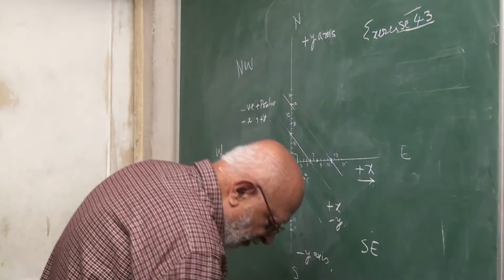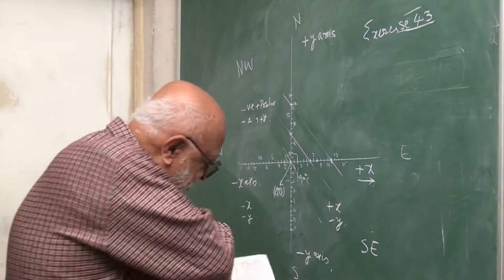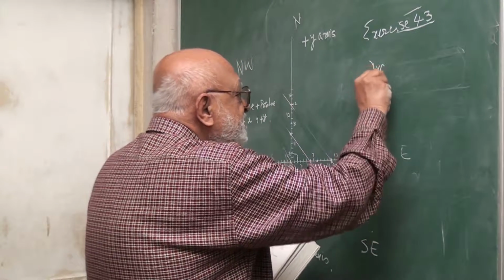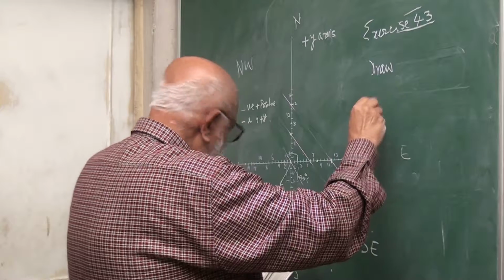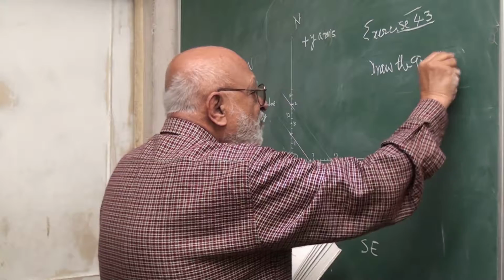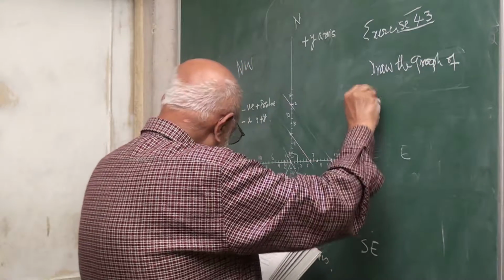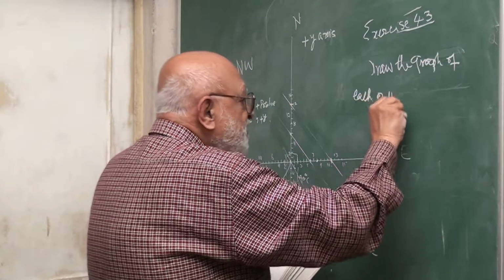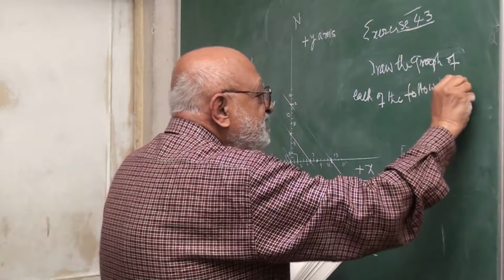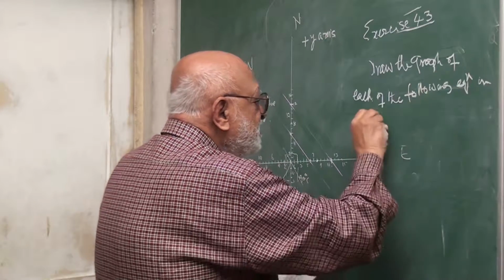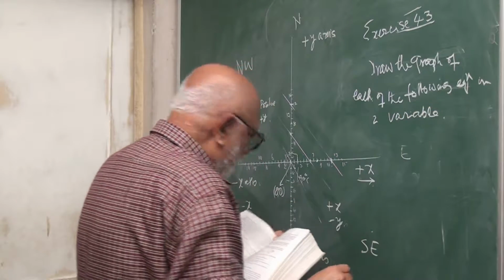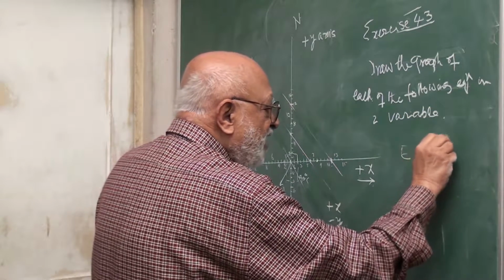What is the question? Draw the graph of each of the following equations in 2 variables. What is the first one? x plus y equal to 4.